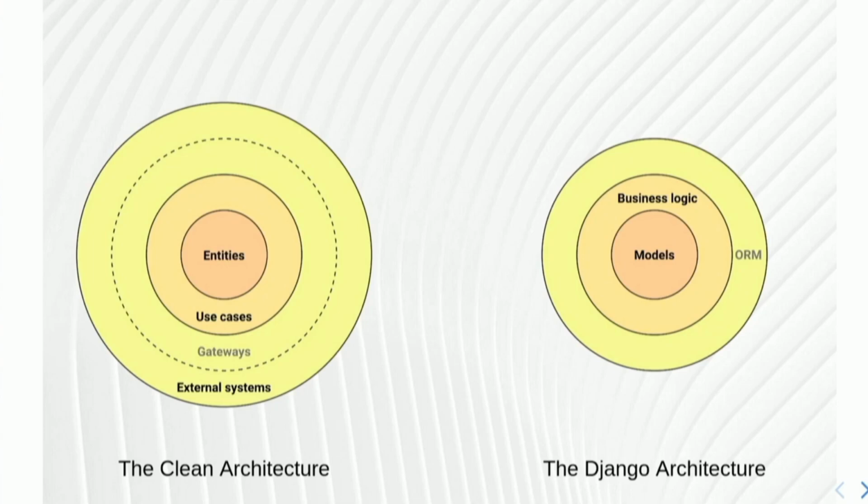However, the object relational mapper, the name says it all. It is an interface to relational databases. And it's not easy to use Django with a non-relational database or with something else, okay, a web API, because the ORM is customized for relational databases. And this is different in a clean architecture because the gateway is a more generic definition of interface.